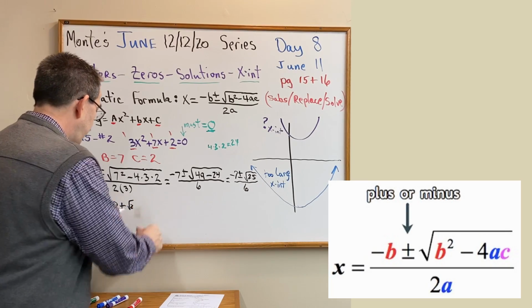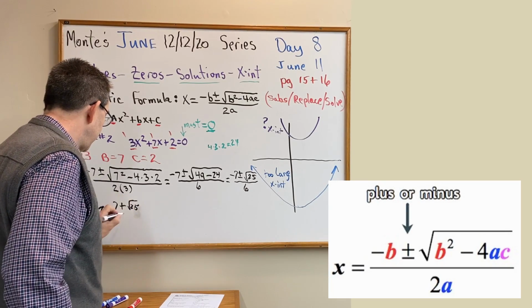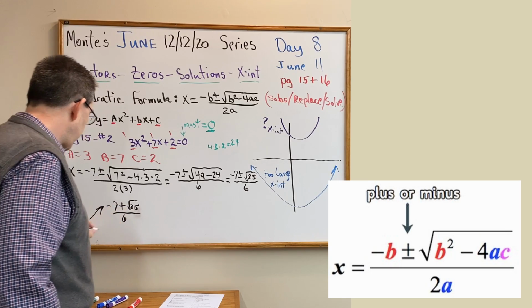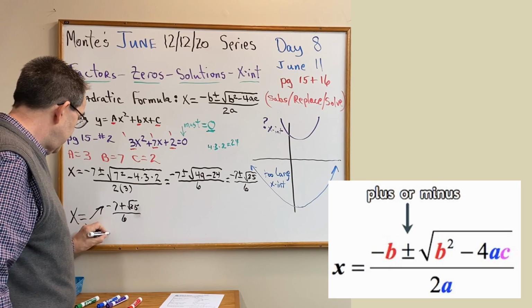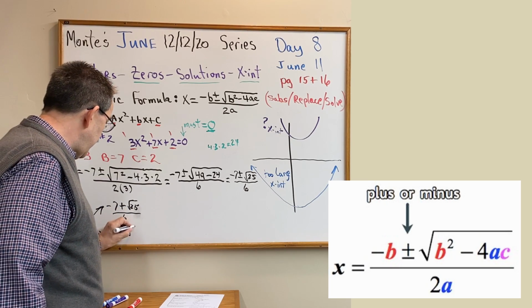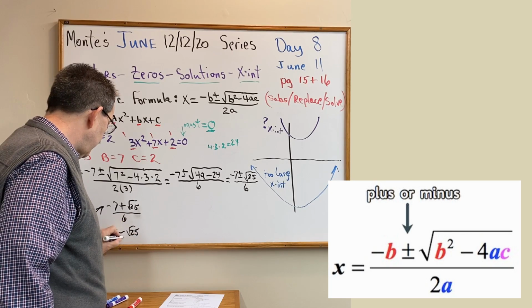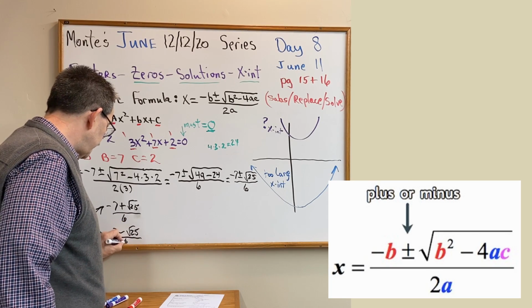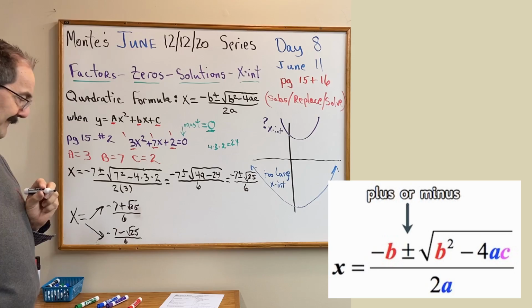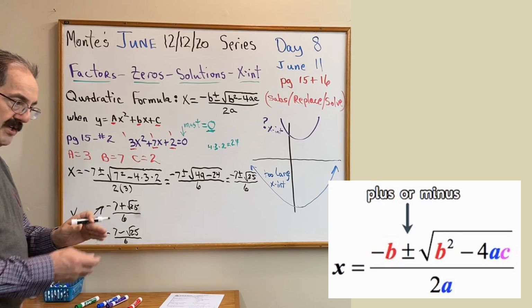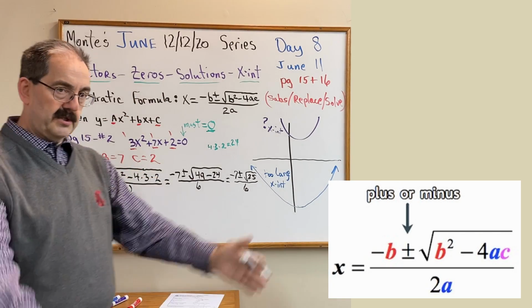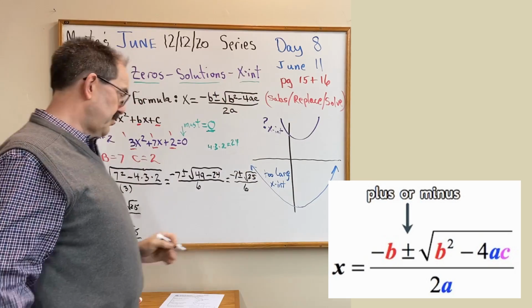Getting messy, Monty. Messy Monty. Over 6. And -7 minus the square root of 25 over 6. Okay? So, this is where it branches off. The 2 solutions. Just like we saw in those graphs yesterday.